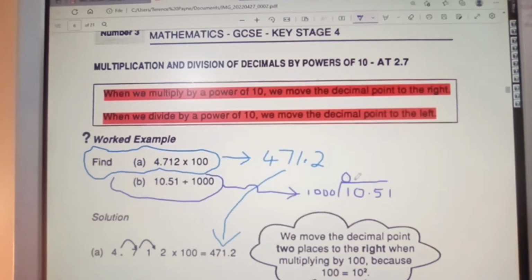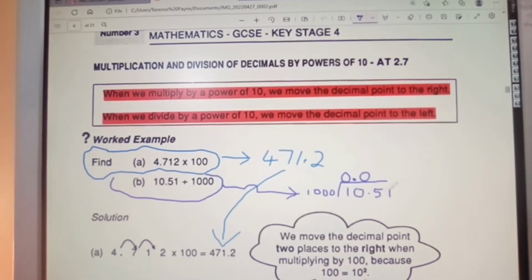So let me put in my decimal point before I forget. A 1,000 into 10 you can't. 0. Move the decimal point to the right. A 1,000 into 105 you can't. 0. A 1,000 into 1,005 you can't.